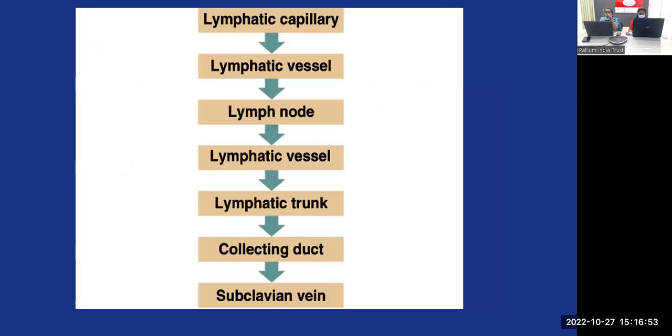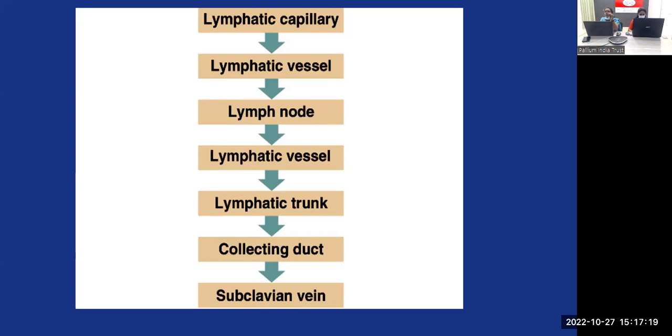So as I already mentioned, from the interstitial space, the lymphatic capillaries will be absorbing the lymphatic fluids. From the lymphatic capillaries, it goes to the lymphatic vessels. From the lymphatic vessels, it goes to the lymph nodes for filtering bacteria, virus, and other waste products.